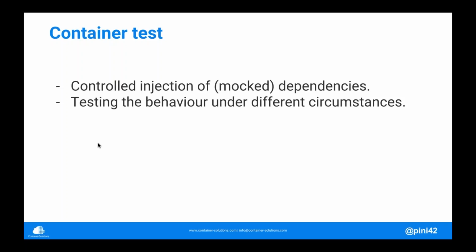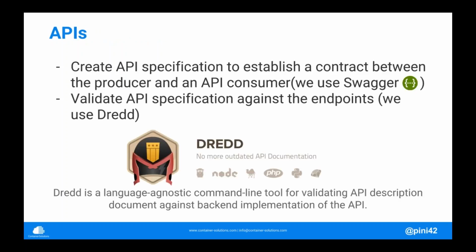So the binary artifact is different. It is a container, different from, for example, a jar, but it's essentially the same concept. We create the final artifact, we mock dependencies, and then we run higher level tests that are more behavior oriented or functionality oriented, and not low level unit tests.